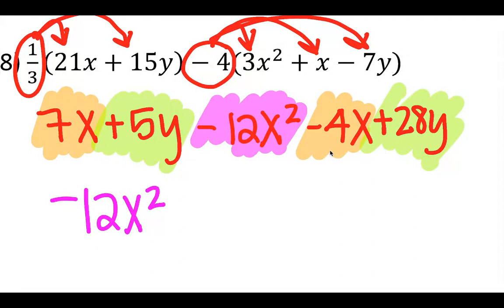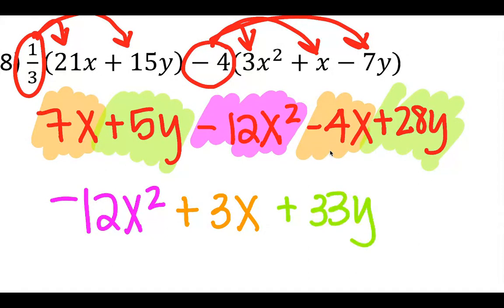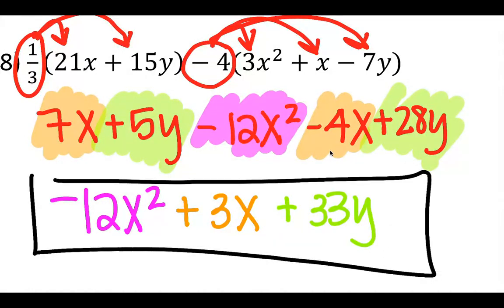Then I have my 7x minus 4x, which would be 3x. Then lastly, I've got 5y plus 28y, which gives me 33y. And there we have it. None of those have the same last name, so I can't combine them. That's as simplified as it gets.